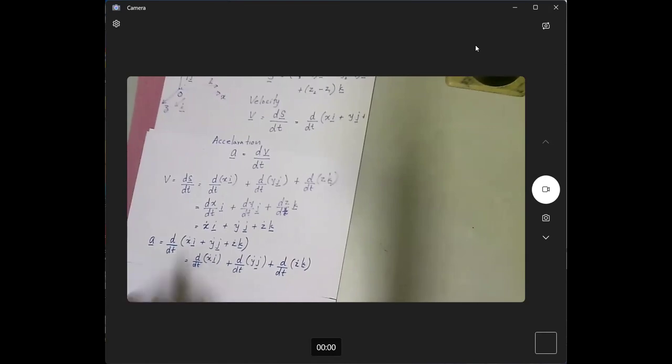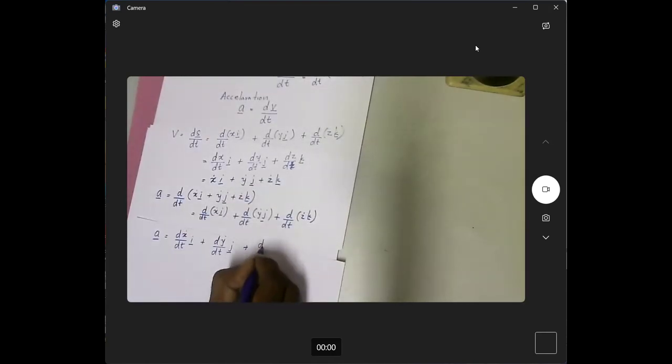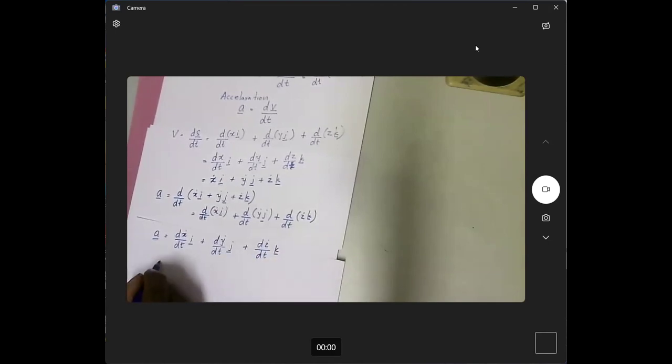And do the same simplification. d x dot over dt i, d y dot over dt j, d z dot over dt k.